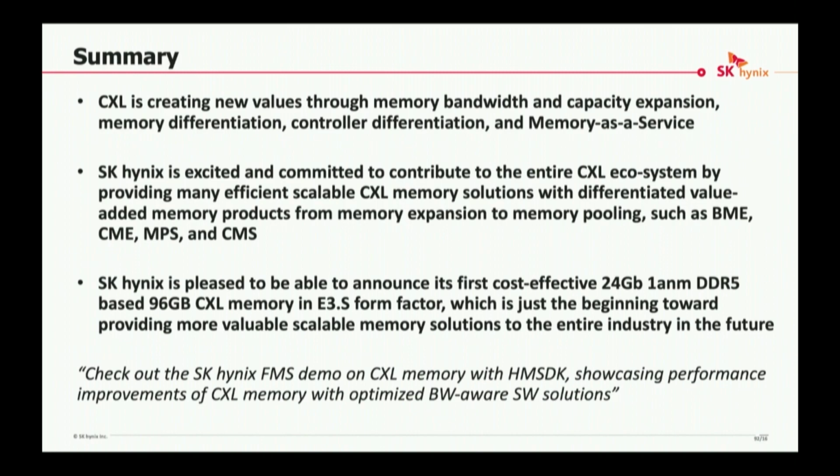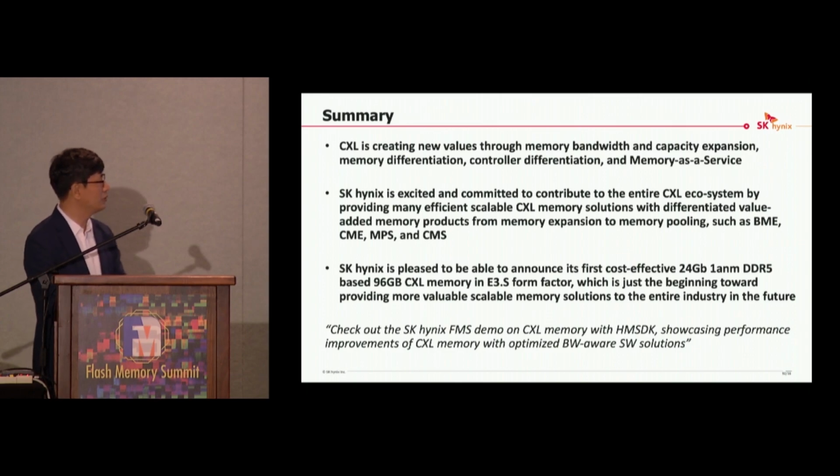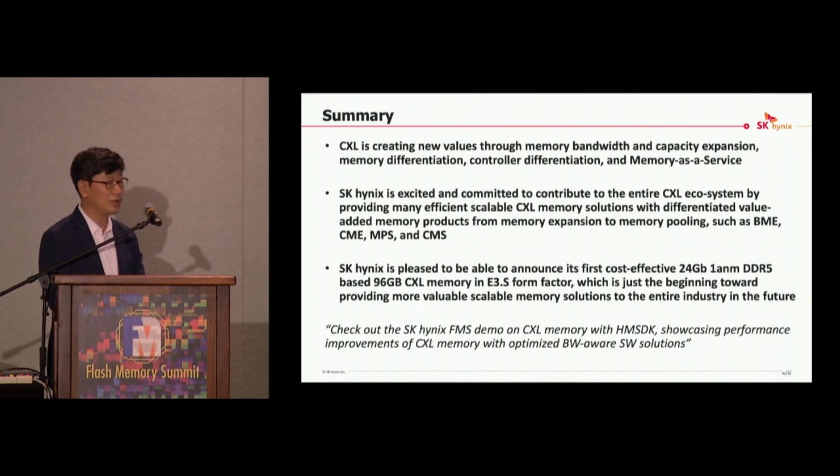I'll quickly summarize my talk. I talked about the 4 key values, which are capacity and memory bandwidth expansion, memory differentiation, control differentiation, and memory as a service. We are very excited and committed to contribute to the CXL ecosystem by delivering differentiated CXL memory solutions such as BME, CME, MPS, and CMS.